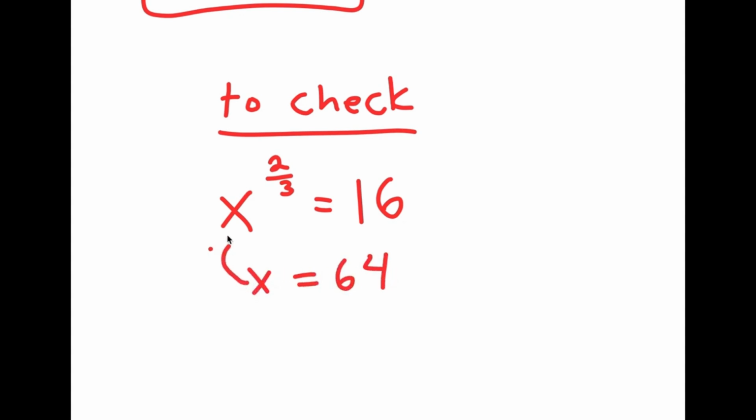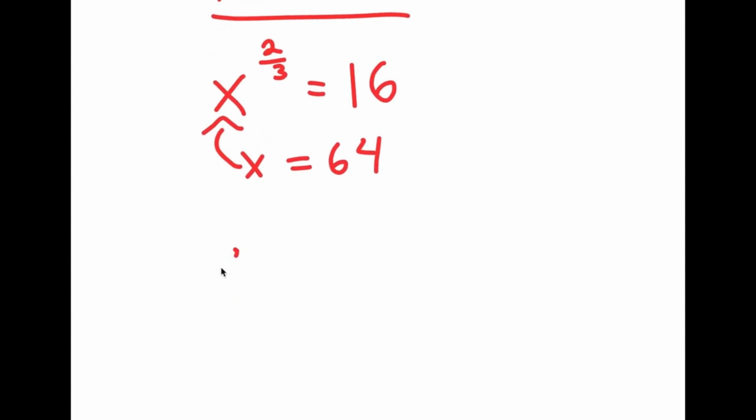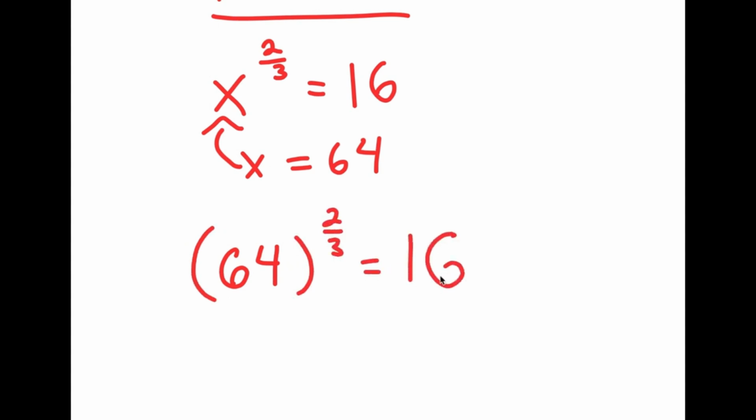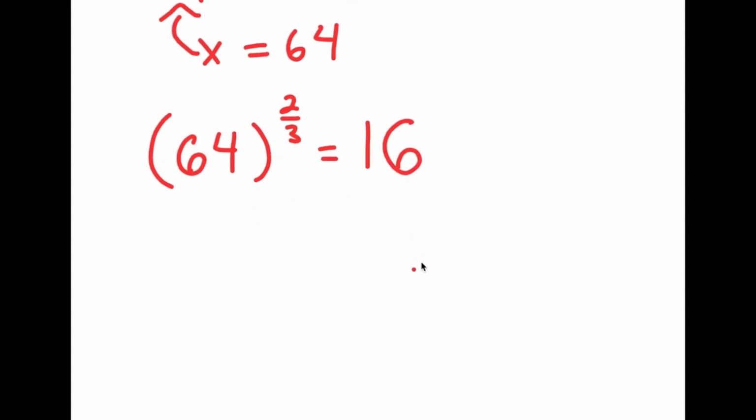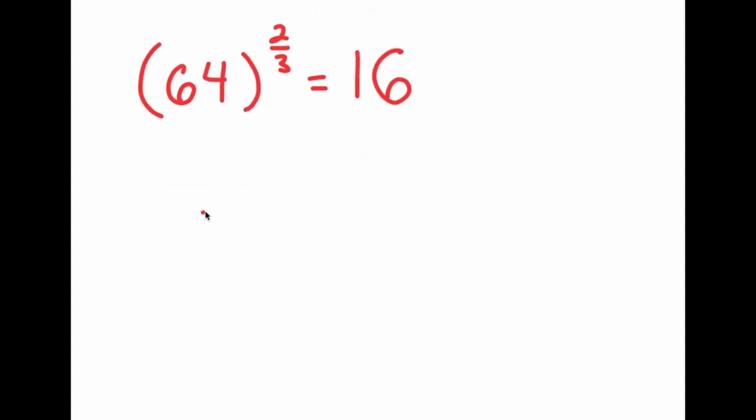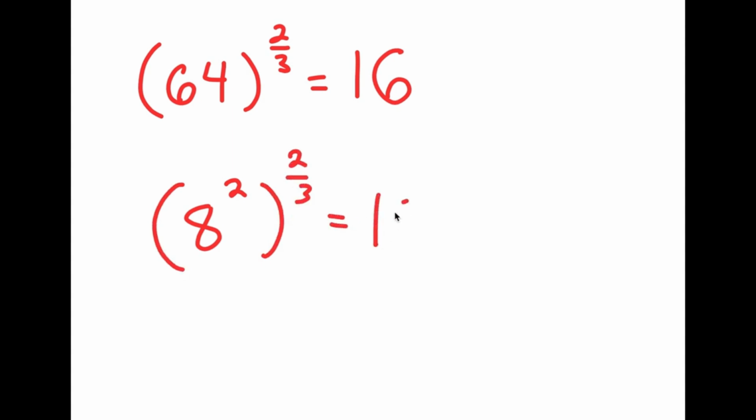So if I plug this in for x here, I get 64 to the power of 2 over 3 is equal to 16. Now from here, I can rewrite 64 as, let me write this as 8 squared. So I get 8 squared to the power of 2 over 3 is equal to 16.